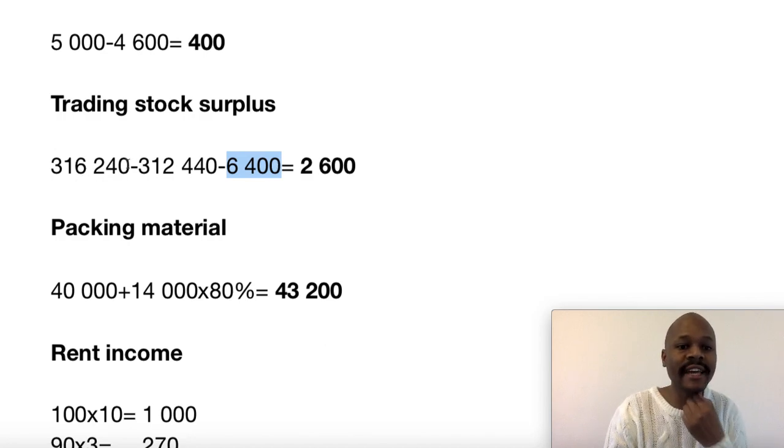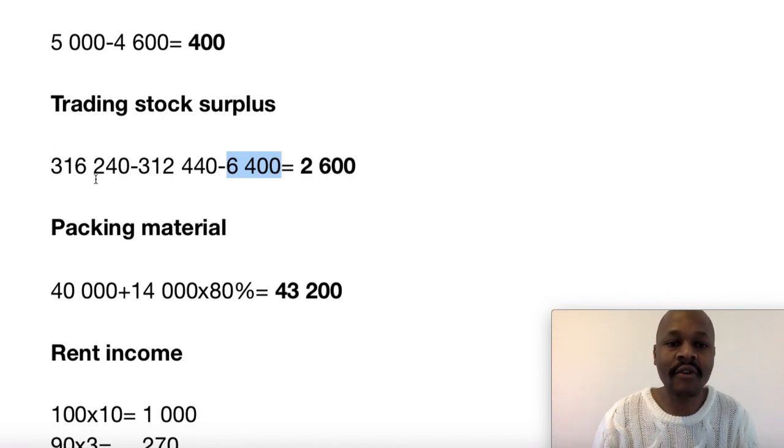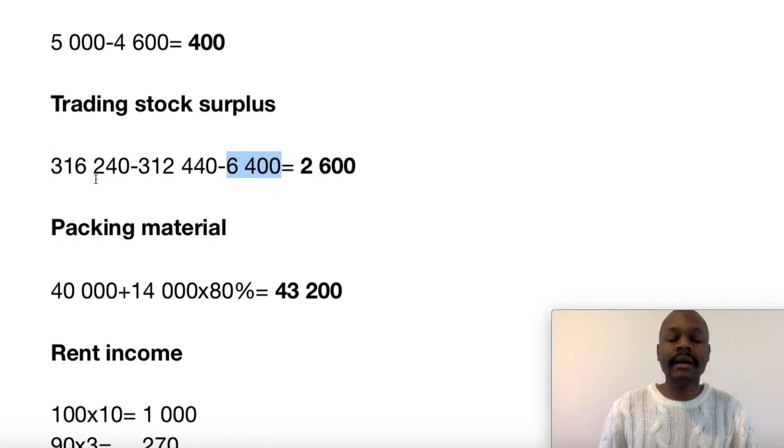So how do we get our trading stock surplus? You say 316,240 minus 312,440 minus 6,400 cost price there gives you 2,600. Remember, whenever you sell stock, the value of the stock you have in the business decreases because you now have sold.